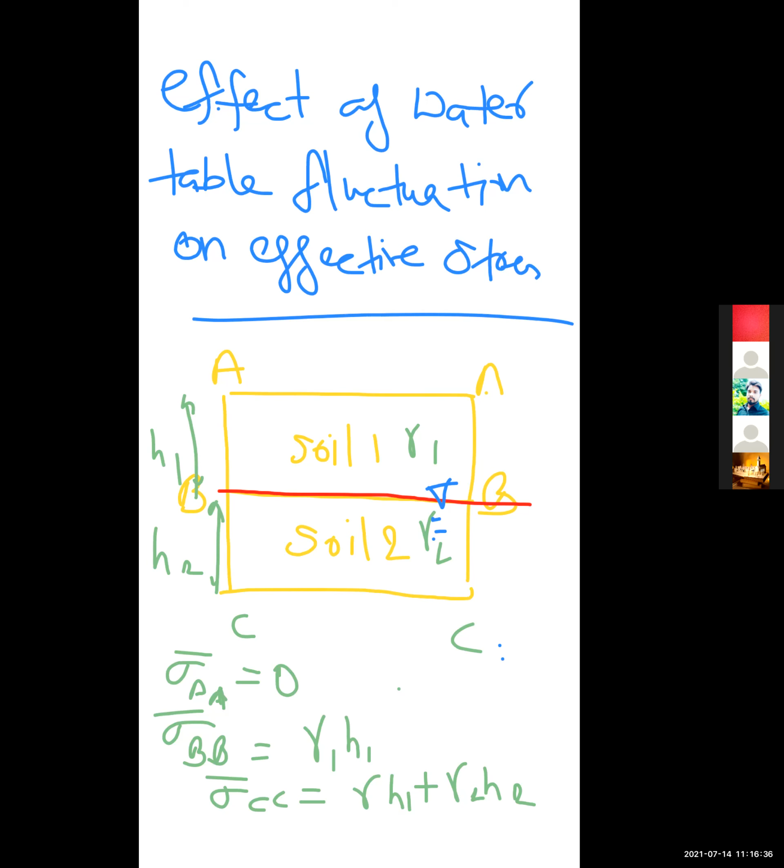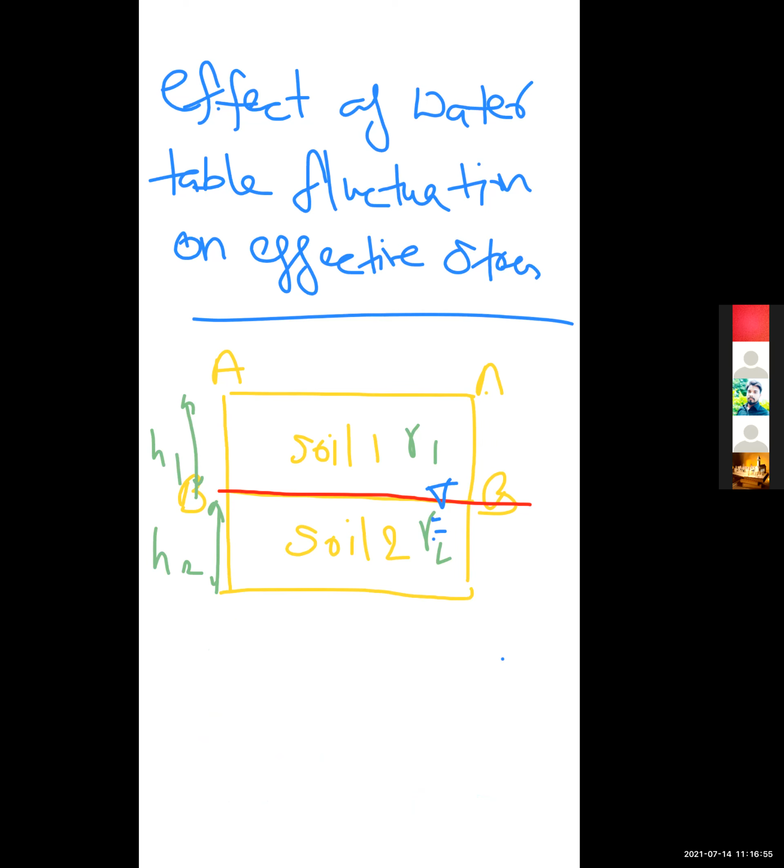Capillary is not introduced in H1 height, so we can solve it easily. So if the water table is at BB level, then what is the value of sigma AA?